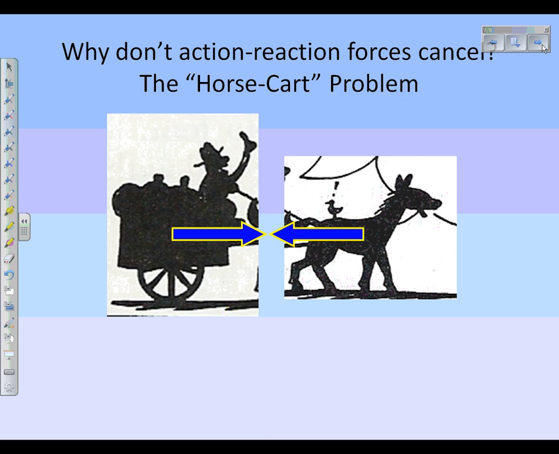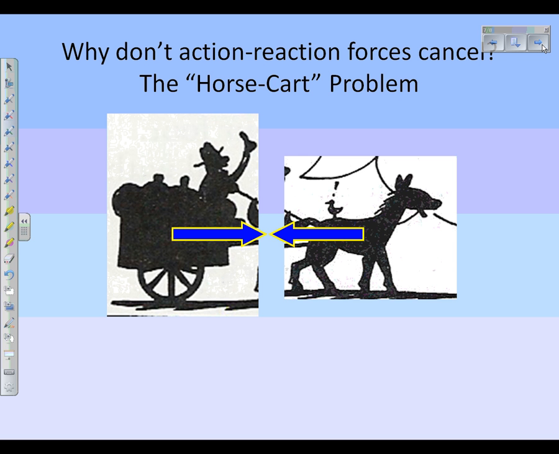Because the cart is experiencing an unbalanced force to the right, what will it start doing? It will start accelerating towards the right. The horse is experiencing an unbalanced force to the left, so it will start accelerating to the left.